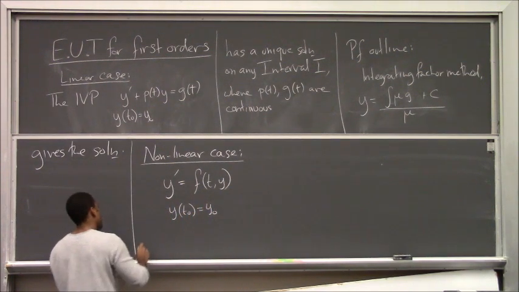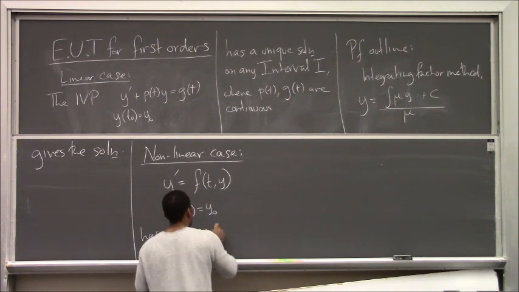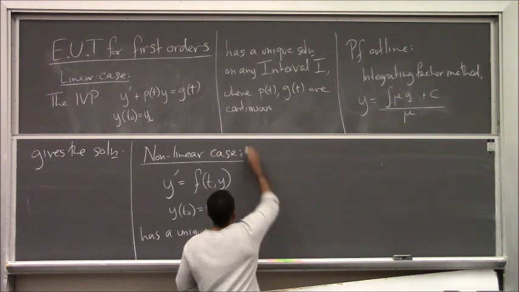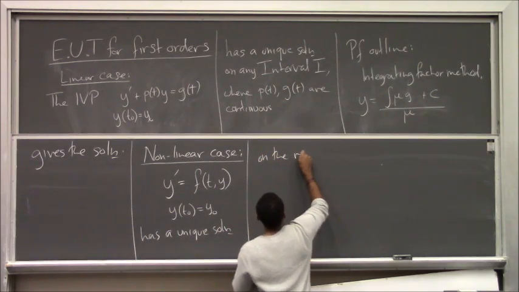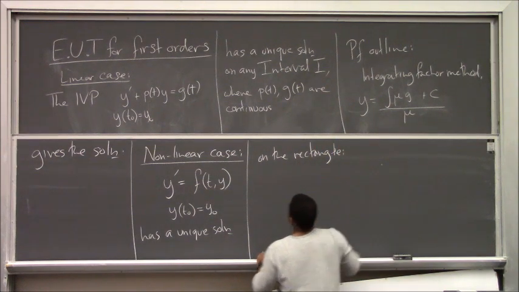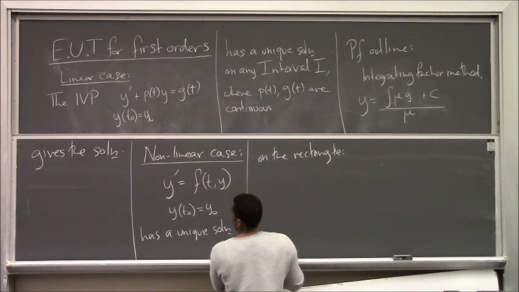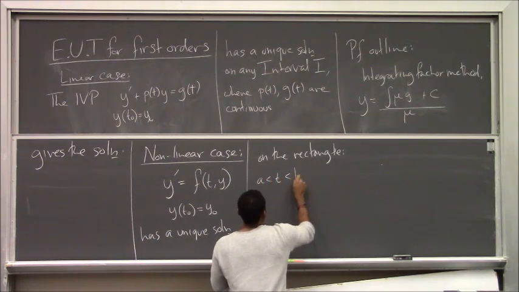This problem has a unique solution on the rectangle described by all t values between a and b.